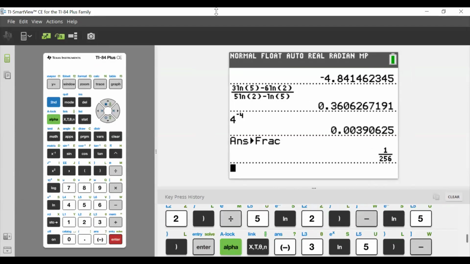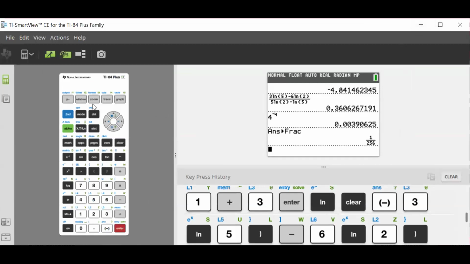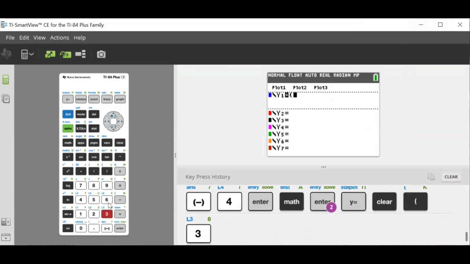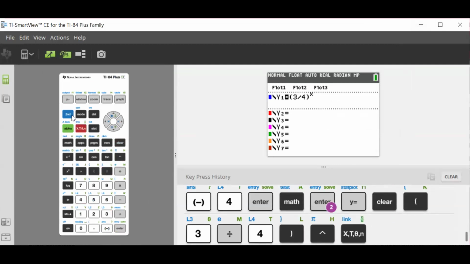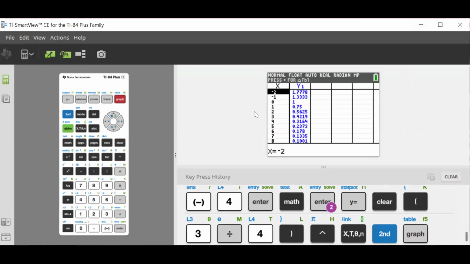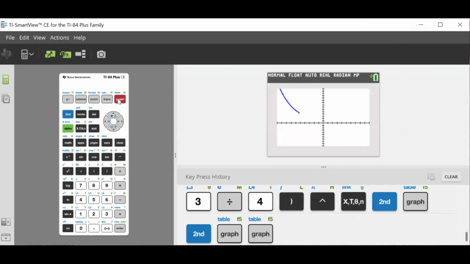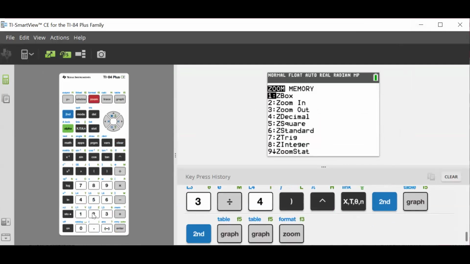It was 3 fourths to the x, so we do 3 over 4 to the x power. And then you can get your table of values, although it gives it to you in decimal form. You can see what it looks like for the table. And then, graph. I'm actually going to zoom in.